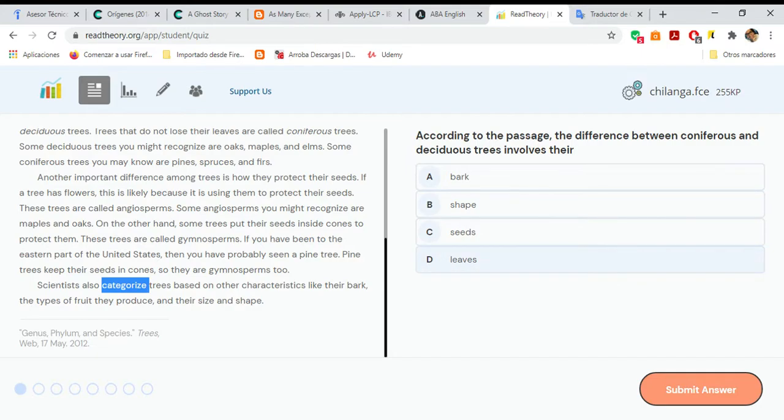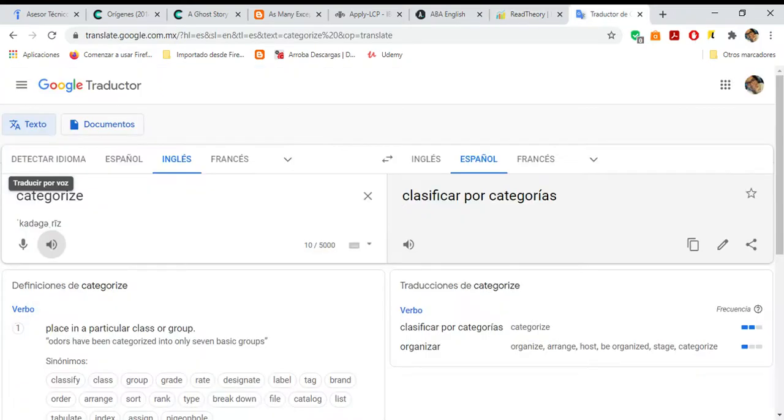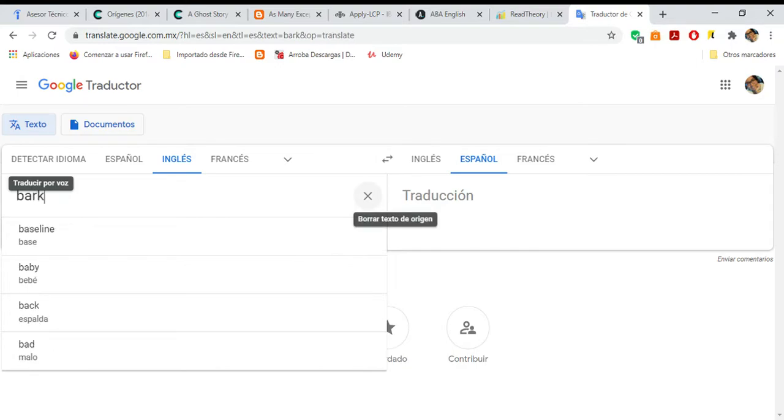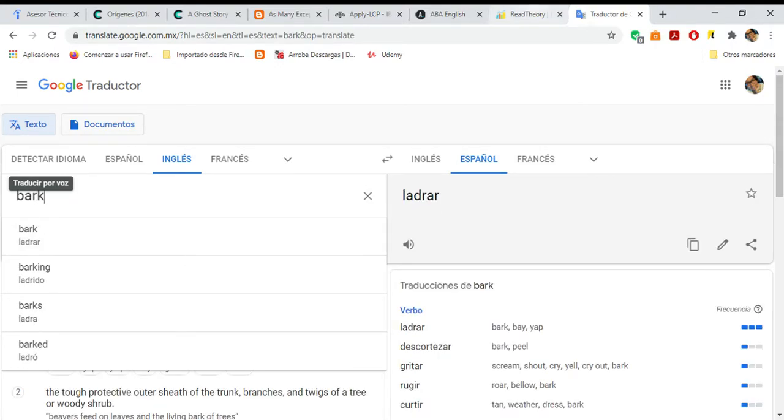According to the passage, the difference between coniferous and deciduous trees involves their... What does bark mean?